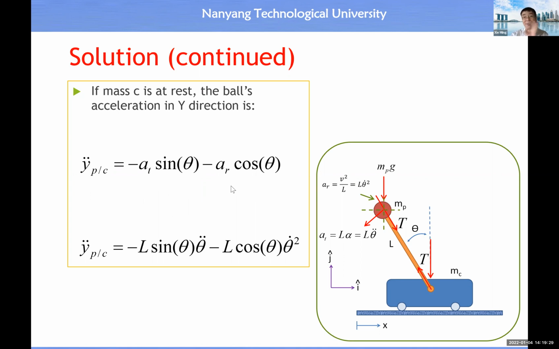Remember, acceleration is a vector, so it has two components. Replace AT and AR by these results, and then we have this equation. This means the y component of the ball's acceleration vector with respect to the mobile base.